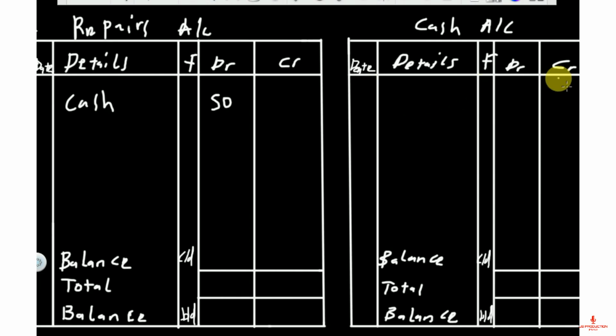But before we do that, we're supposed to write down our balance, and our balance that we had in the cash was 120, and we're going to say repairs. Since the repairs were paid out, this means that money was going out of the business, and that's going to be 50 on the credit side.